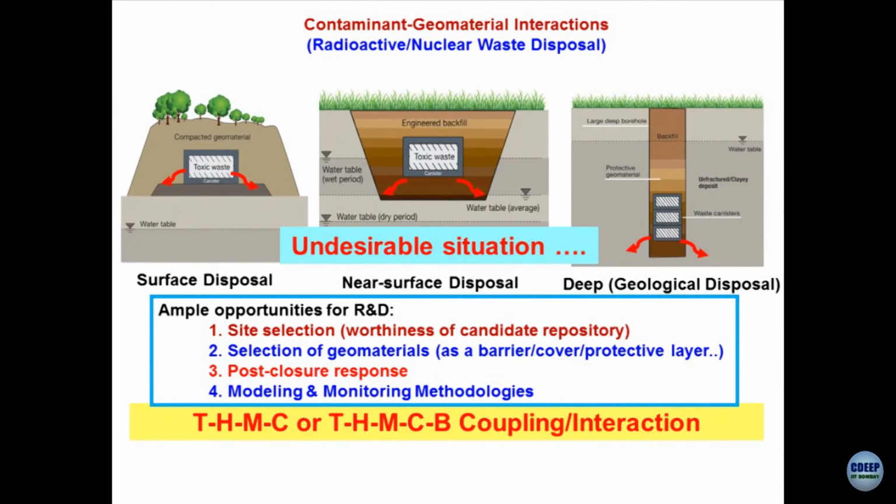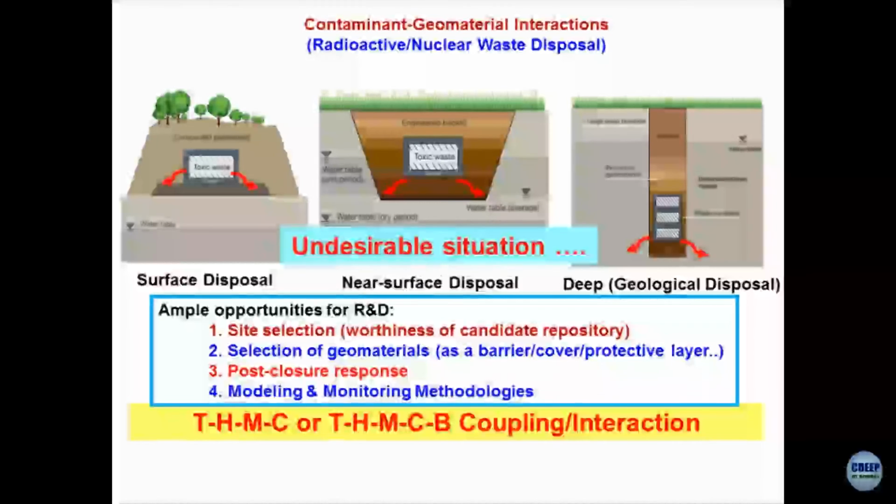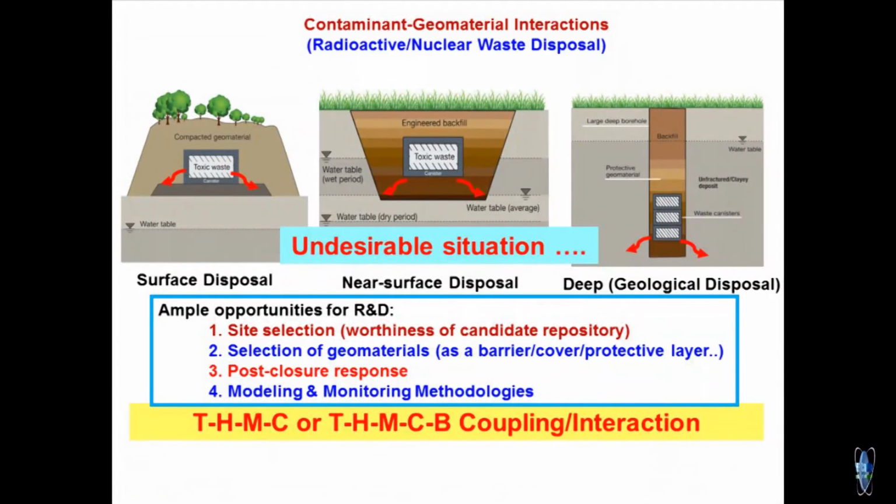Now, I am sure you will realize once this type of situation occurs, the geomaterial contaminant interaction is going to take place. The attributes of the waste which are going to come out from this unit are going to interact with the geomaterial, which could be soil, which could be mineral, and hence that interaction is going to take place. This opens up a lot of avenues for geotechnical engineers, and what are these avenues?